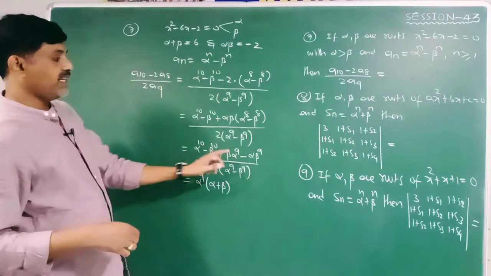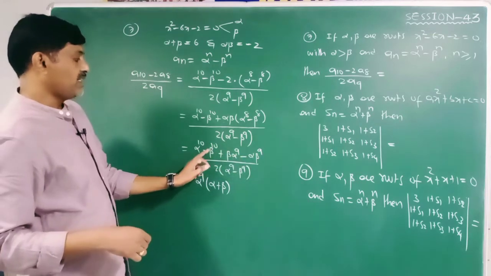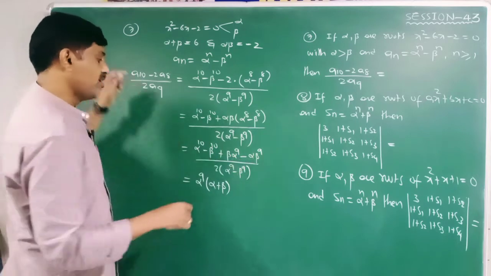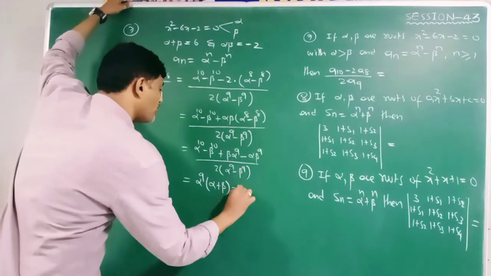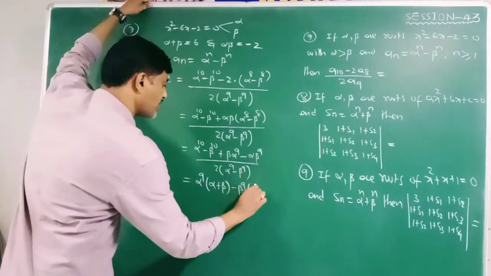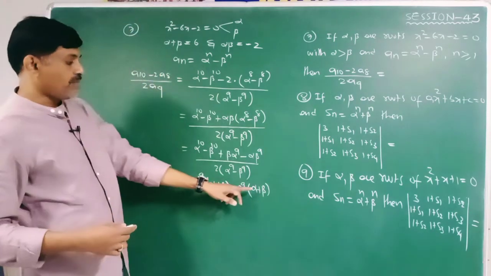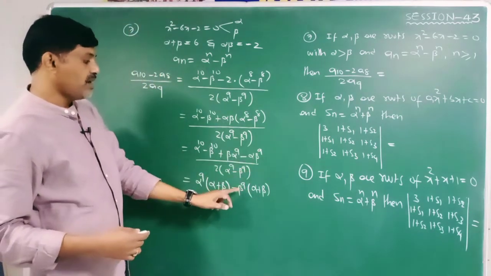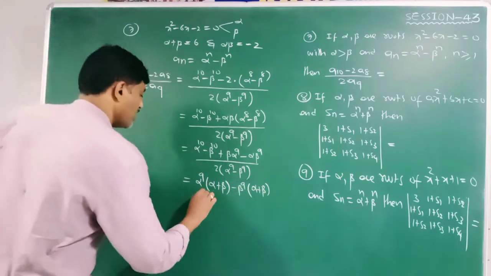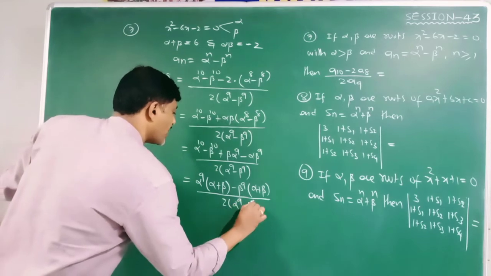Now the second and fourth terms: minus beta power 10, minus alpha beta power 9. Very clear, minus beta power 9 is common. This is clearly alpha; here also we get one more beta, because minus alpha into beta power 9 minus beta power 9 into beta, minus beta power 10, divided by 2 times (alpha power 9 minus beta power 9).